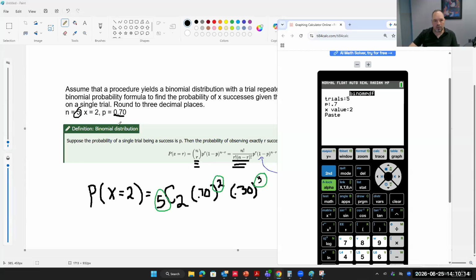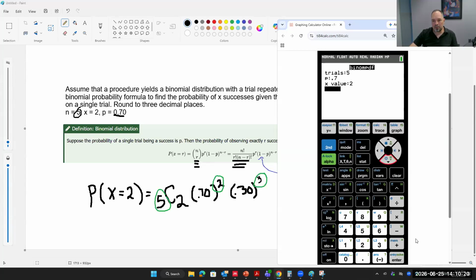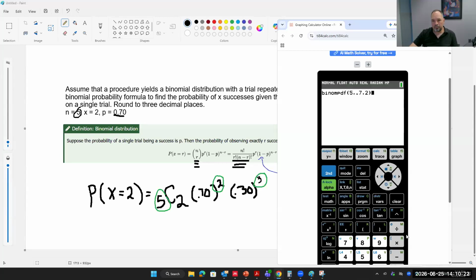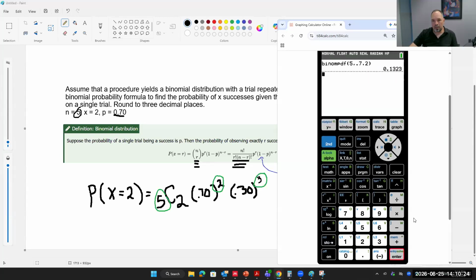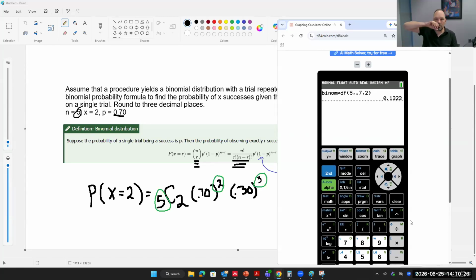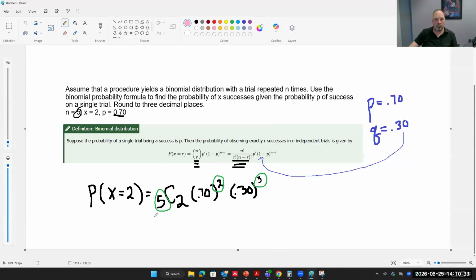Then P is 0.7. The X value is 2. And when I paste it, I get the same answer that I got when I used the full blown out formula.